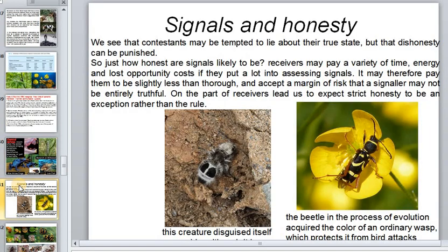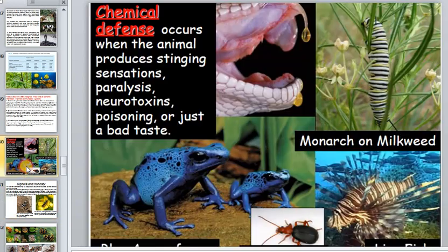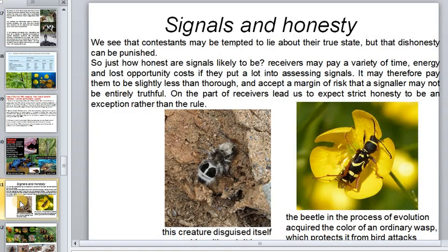Of course, the signals raise the question of honesty. Sometimes other animals use this strange color or strange stripes to demonstrate that they are poisonous, and we see that signalers may be tempted to lie about their true state, but that dishonesty can be punished. So just how honest are signals likely to be?